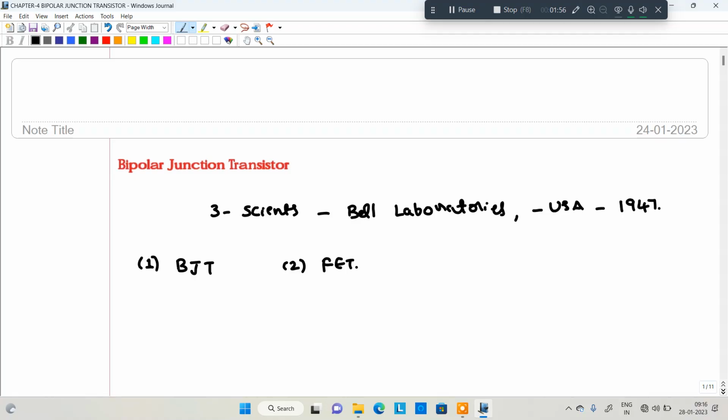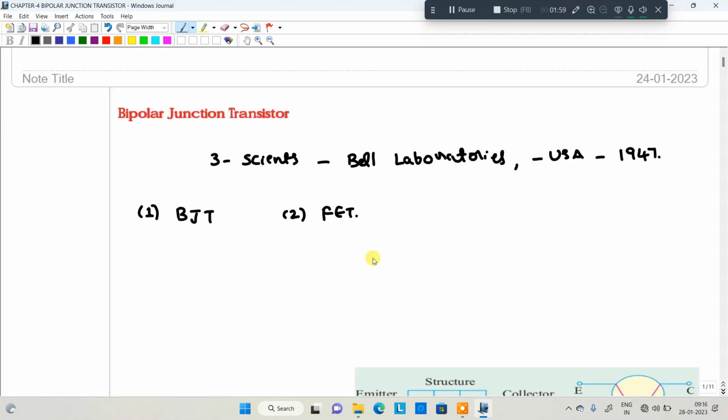Now this bipolar junction transistor is formed by two diodes connected back to back, two PN junctions. Manufacturing them as a single unit forms a transistor. It is a three layer, three terminal device.